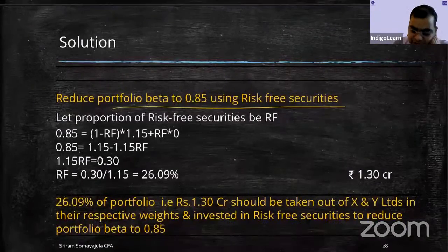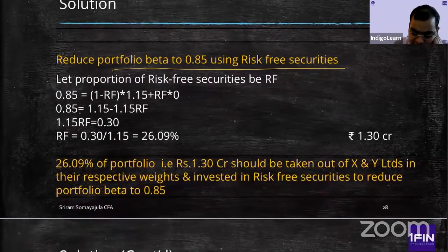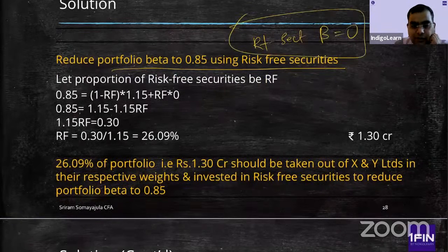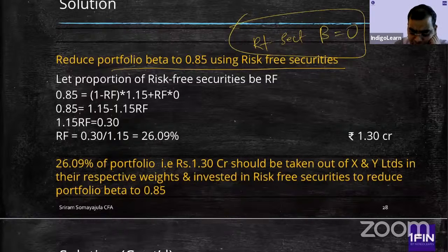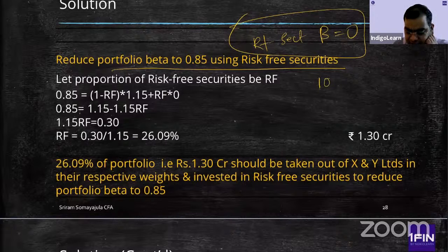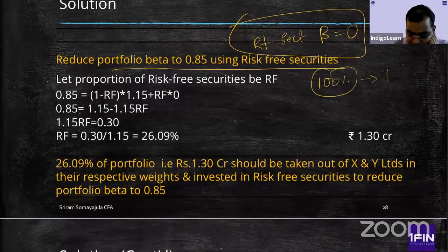One of the things that you have to notice: risk-free security beta is equal to 0. So let us say the entire portfolio, 100% of the value, we call it 1.